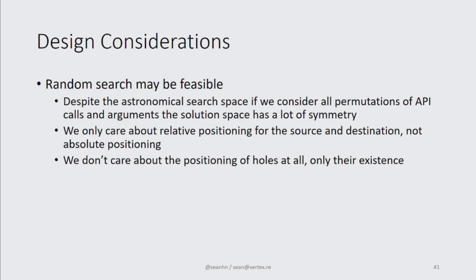So if we have a source and destination buffer, we don't care where they're absolutely positioned in memory. We just care that they're adjacent to each other. Similarly, if we need to create holes in memory in order to capture noisy allocations, we don't care where those holes are specifically located in memory, we just care that they exist or not. So there is a huge amount of symmetry, as I said, in the solution space for this particular problem.